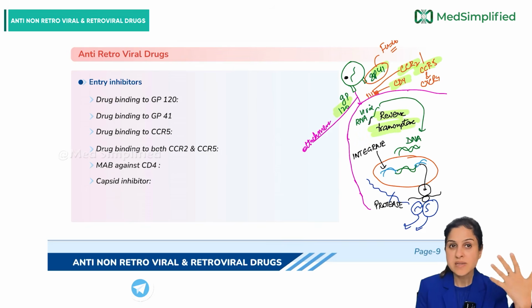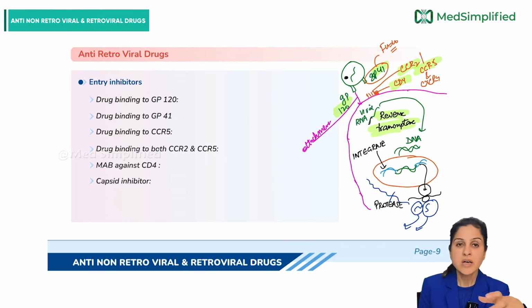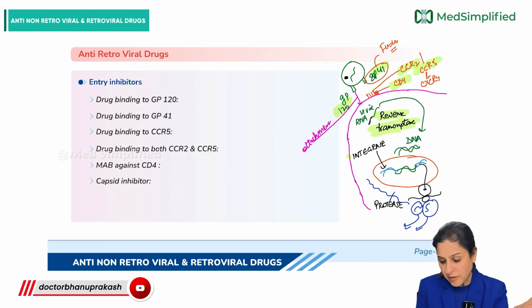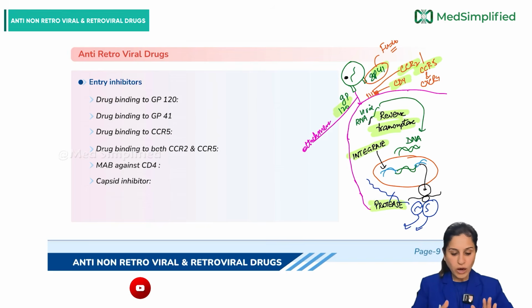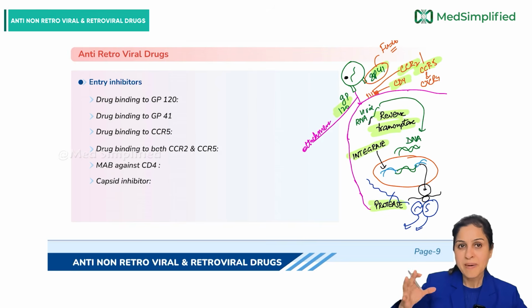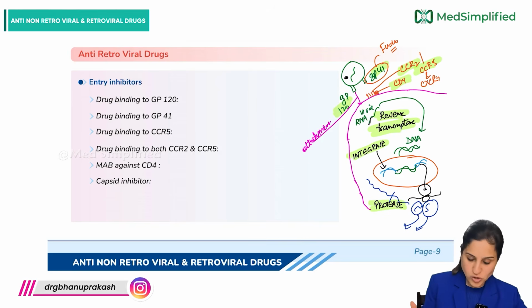So we have reverse transcriptase drugs: nucleoside, non-nucleoside and nucleotide reverse transcriptase inhibitors, right? Then we have integrase inhibitors, which are going to prevent the integration. Then we have the protease inhibitor. So all our drugs are going to target these particular steps. With this background information, let's now move on to the drugs.